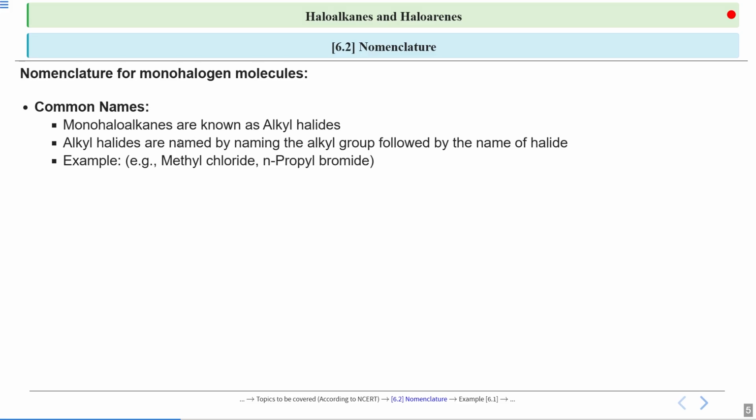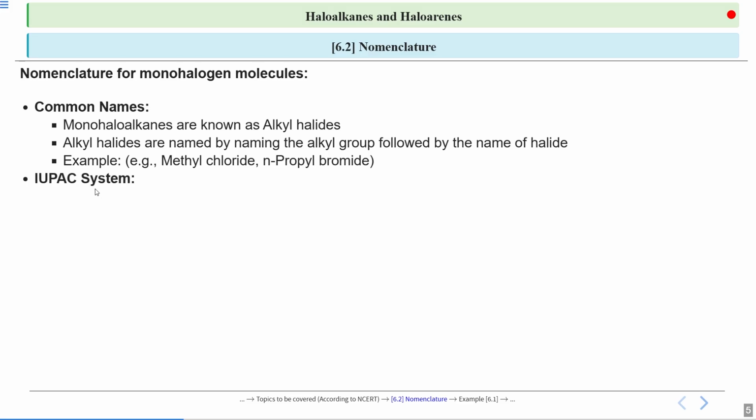First we write the name of the alkyl group, methyl, followed by the name of the halide, that is chloride. So methyl chloride. Similarly, N-propyl bromide. N represents a single straight chain of the propyl alkyl group with single bonds between each carbon, followed by the halide, which here is bromine. So the name will be N-propyl bromide.